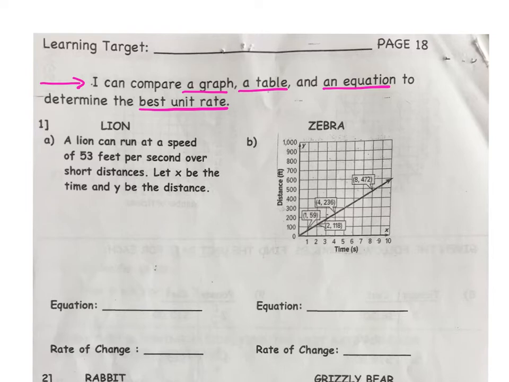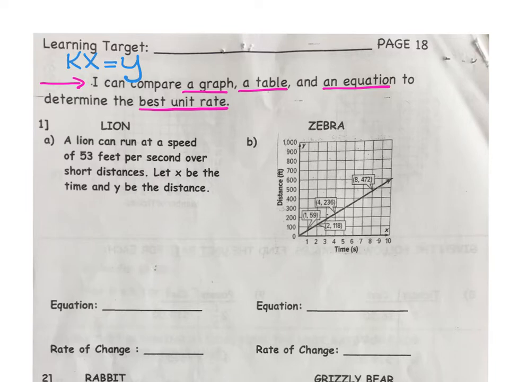When we talk about proportional relationships and unit rates, we think of a few things. For example, we know that k times x equals y. That's the equation for a proportional relationship. Please jot that down.